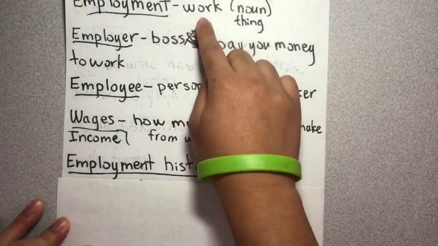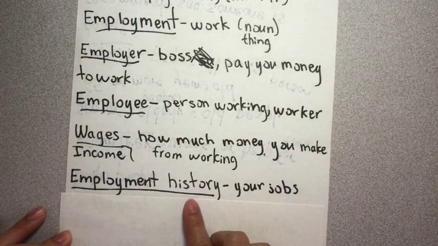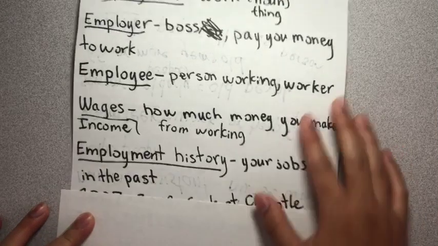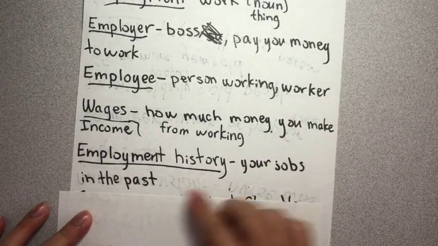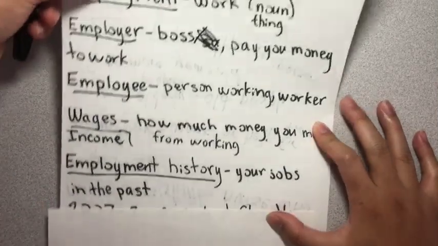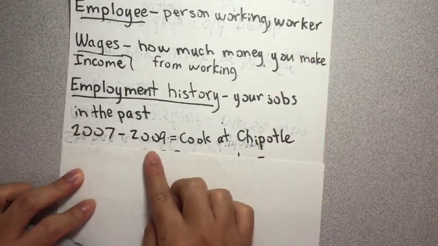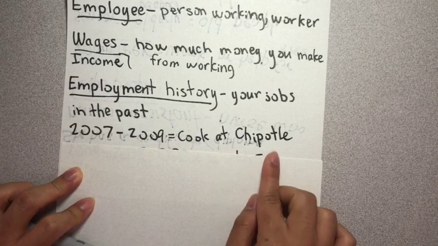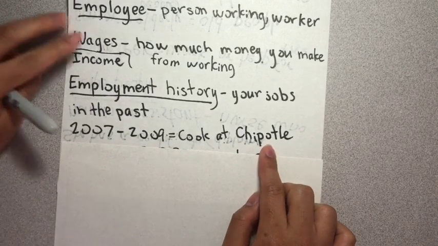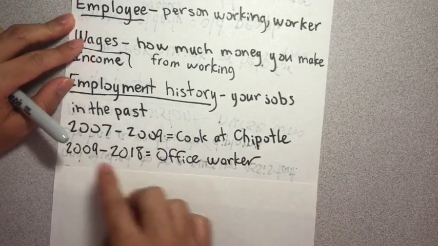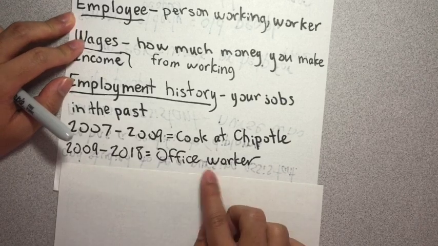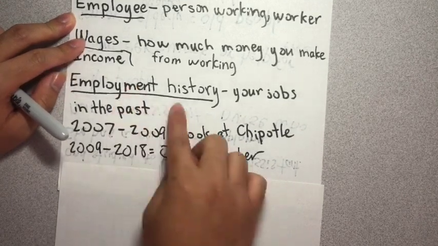Remember, employment just means work. So your work history. This is all of your jobs in the past, all of your jobs before now. So let's say from 2007 to 2009, you were a cook at the restaurant Chipotle. And then from 2009 to 2018, you worked in an office. This is your employment history.